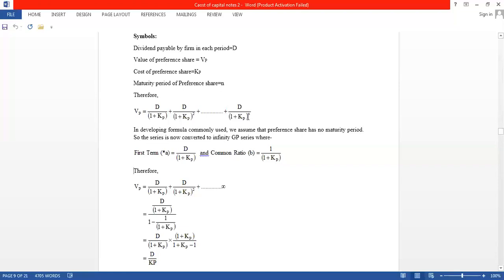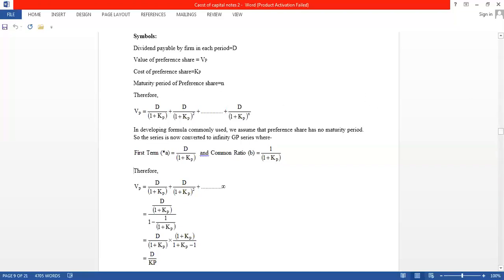That means in place of n, we have to substitute infinity. Then the right hand side will be a GP summation series with infinite life. So now our series becomes Vp is equal to D by 1 plus Kp plus D by 1 plus Kp squared plus up to infinity.